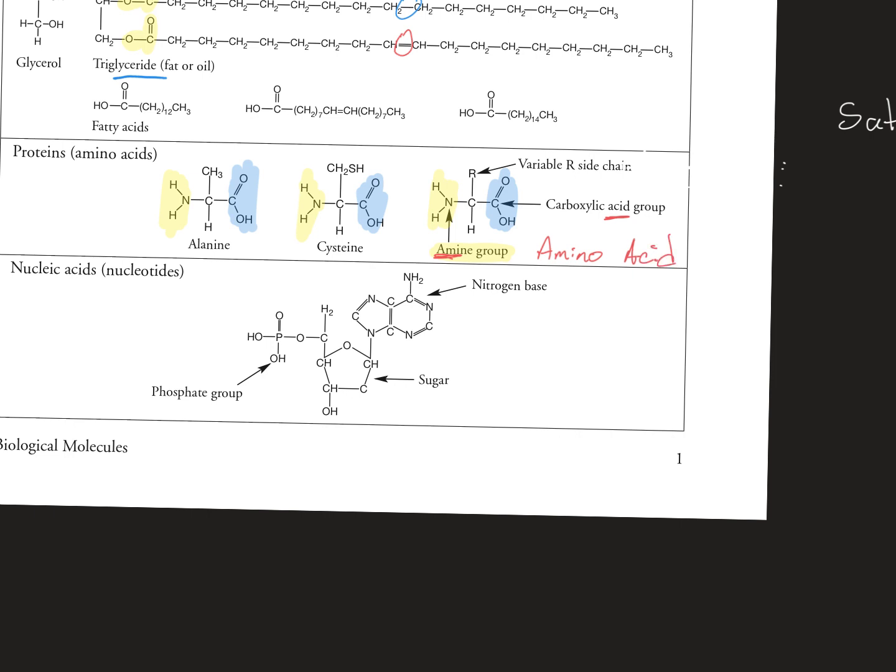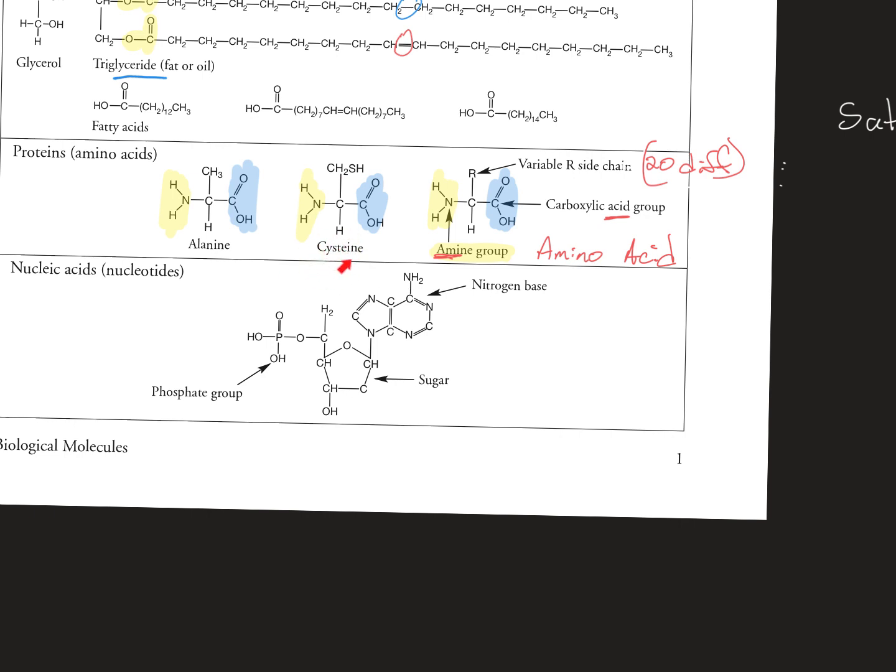You need to know what these look like. Sticking off the side is a variable. It's not an element. It's a variable. We call it the R group. It sticks off the side. There's 20 different possibilities, 20 different R groups here. If it has a carbon with a sulfur on it, we call it cysteine.